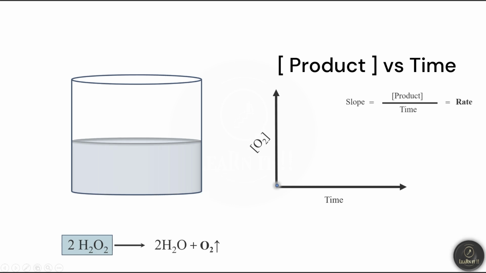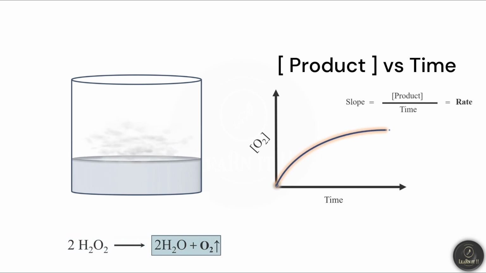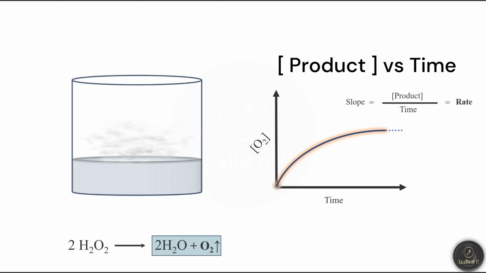Here we take oxygen gas over time. On this graph, we see that as the hydrogen peroxide decomposes, the concentration of oxygen gas increases. The more H2O2 breaks down, the more oxygen is produced and the graph rises steadily.